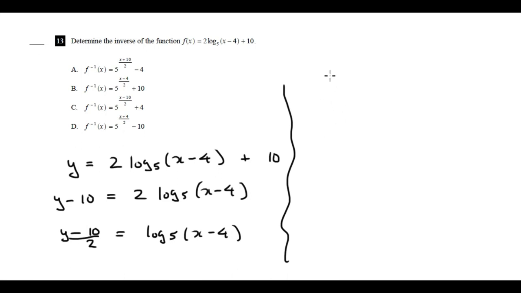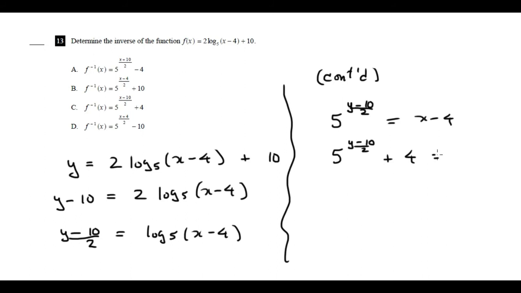If we recognize our base is 5, then 5 to this stuff over on the left, this is the power. Remember, that's what our log is equal to. This is going to be y minus 10 all over 2. So 5 to this power must equal x minus 4. So we'll have 5 to the power of y minus 10 all over 2, plus 4 equals our x.